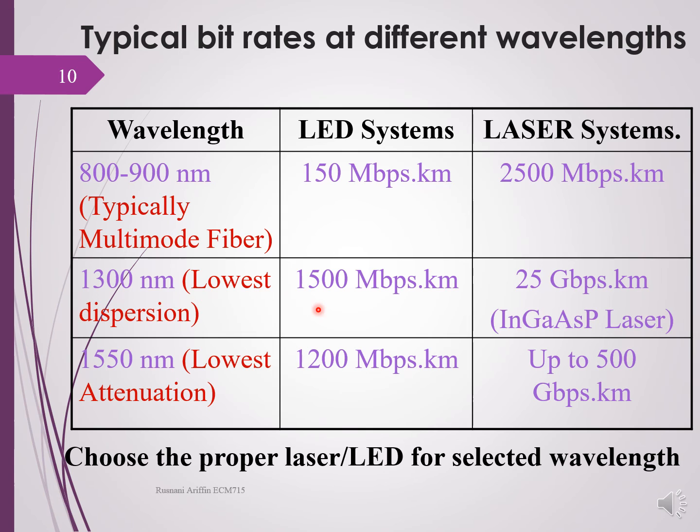For LED, this is the bit rate distance product, but for a laser system, the bit rate distance product is much greater, which is 25 gigabit per second kilometer. For 1550 nanometers, this is the lowest attenuation. Again, for LED, the bit rate distance product is lower compared to the laser system.